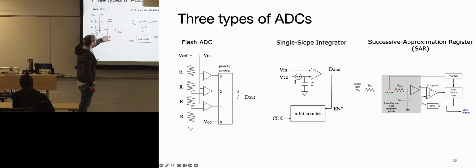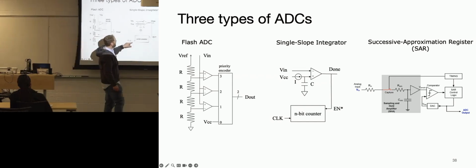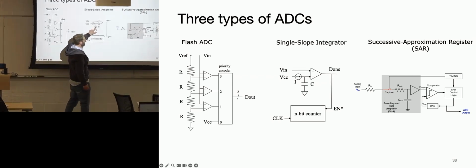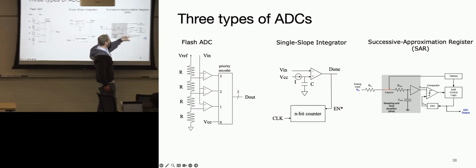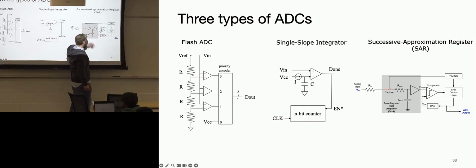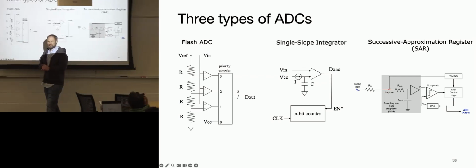Just seeing this part, you should be able to figure it out. Slope ADC, if you see a capacitor anywhere with a current source going into it and a timer, that's a slope integrator. And then this feedback loop with a DAC and a sample and hold circuit and some logic. So I think those are all pretty fair.